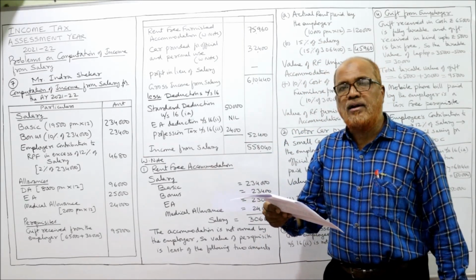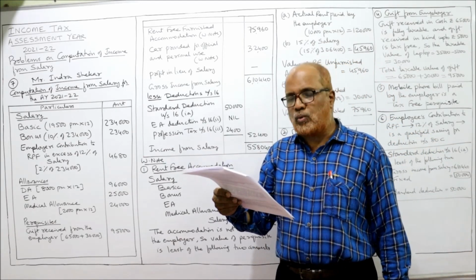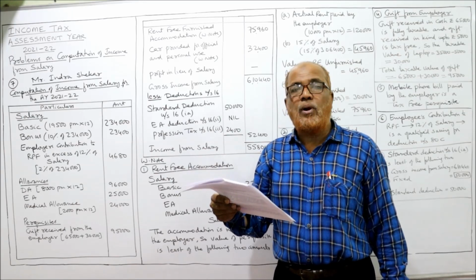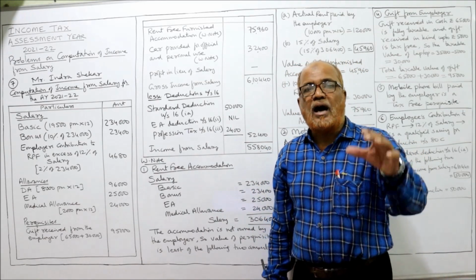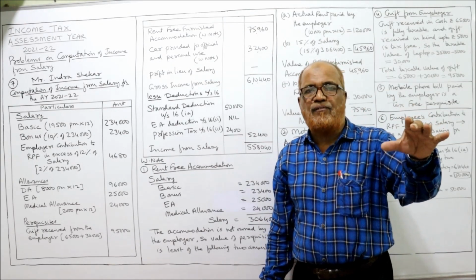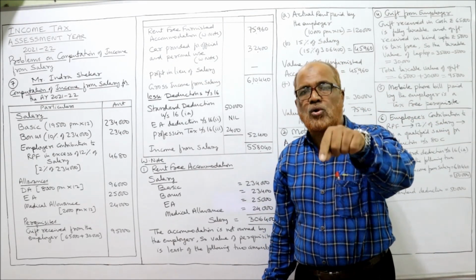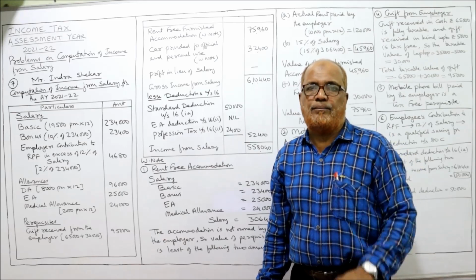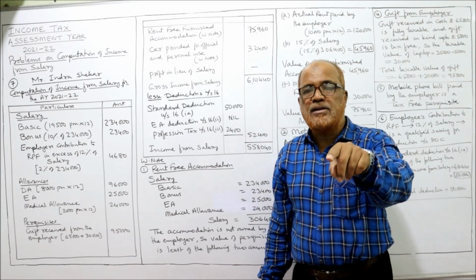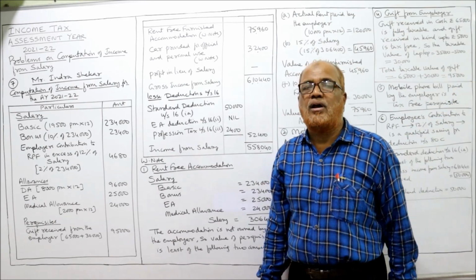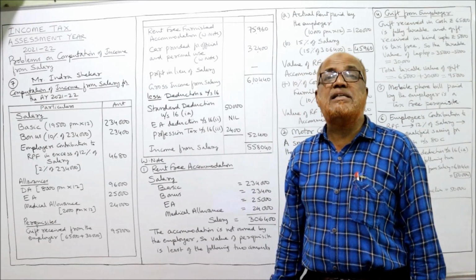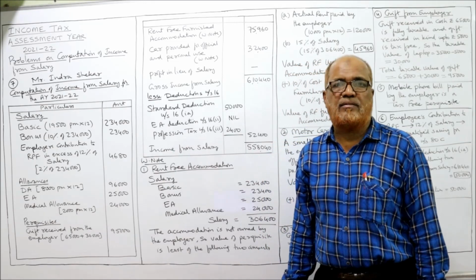Next one is his contribution to recognized provident fund is 12% of salary and the employer's contribution is 14% of salary. In RPF, recognized provident fund, 12% is contributed by the employee, and that 12% will qualify for deduction under section 80C, qualified savings.